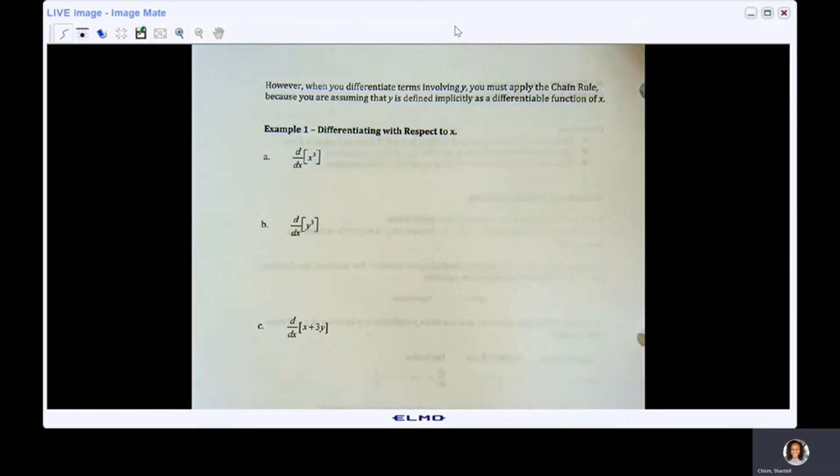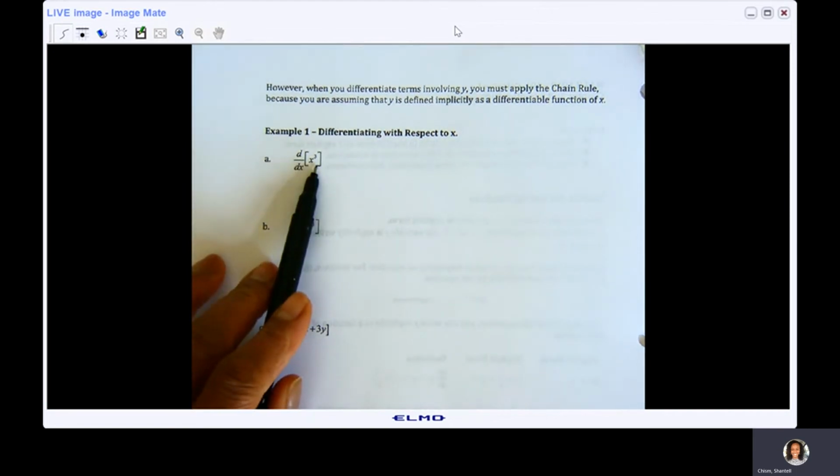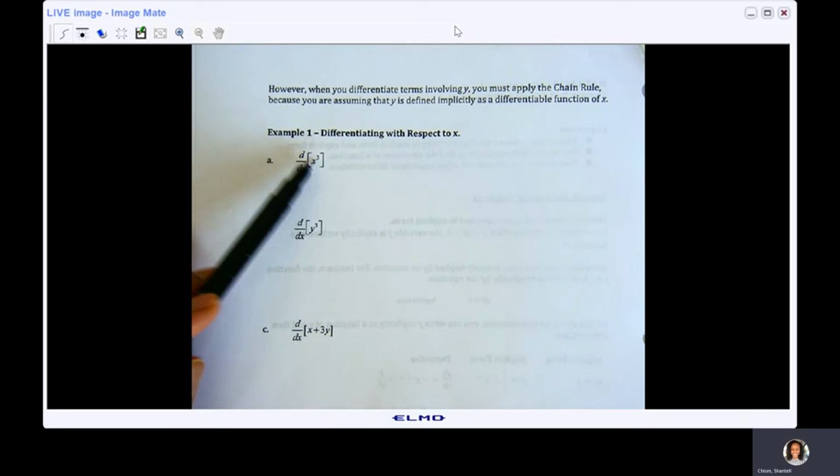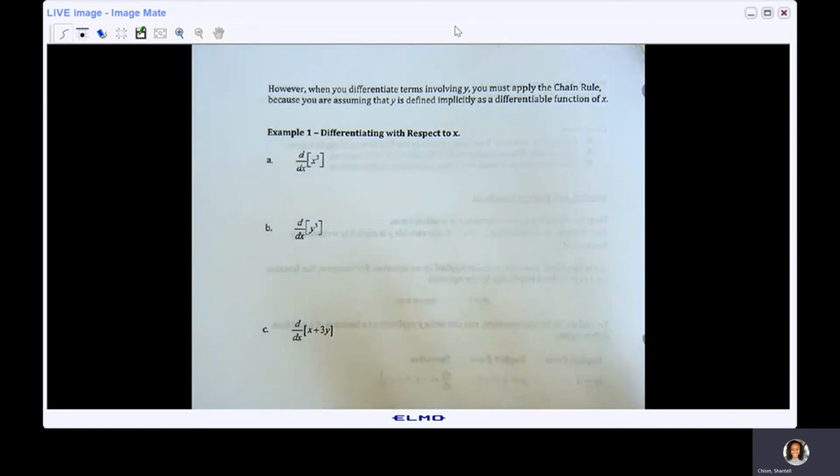So let me show you what we're doing here. Part A, like all of these examples, says differentiating with respect to x. If we're taking the derivative with respect to x, this is perfectly easy to do. The variables agree because you're differentiating with respect to x, and this is an x function. So here we just take the derivative using the power rule.